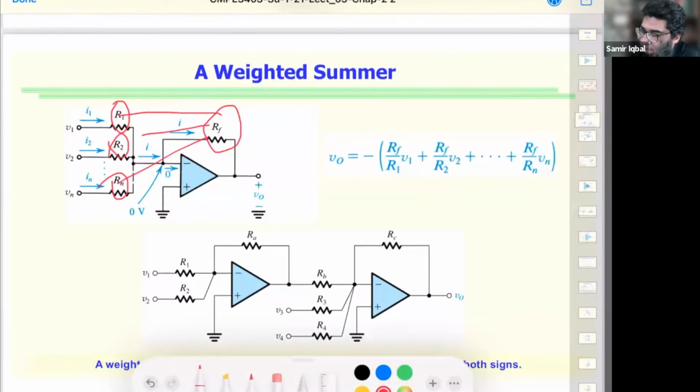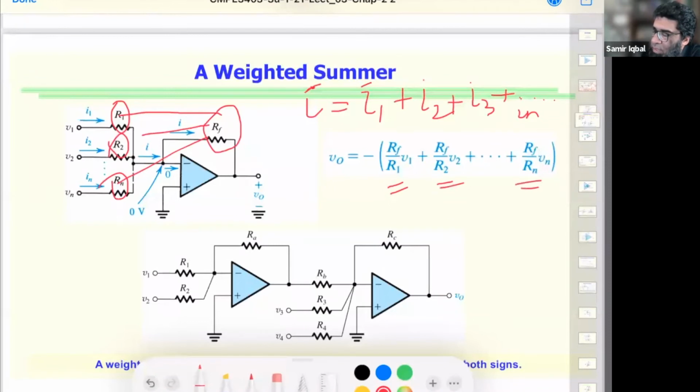All these currents get added up. I is equal to I1 plus I2, that's basic Kirchhoff's law, up to IN. And the voltages, now this is acting as a voltage divider for each input. And hence, each input is contributing its own weight to the final output that we get.